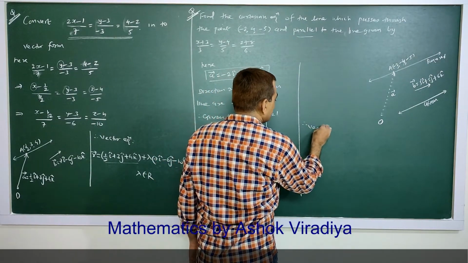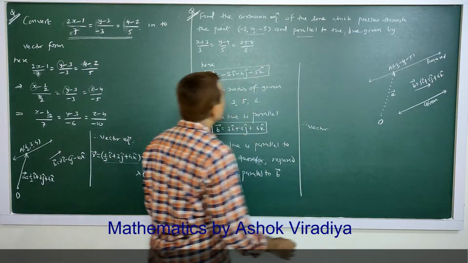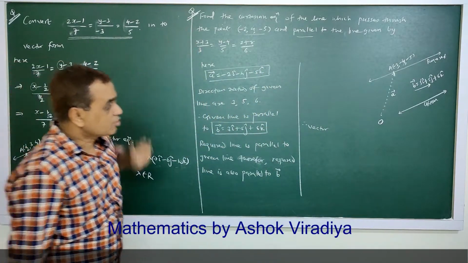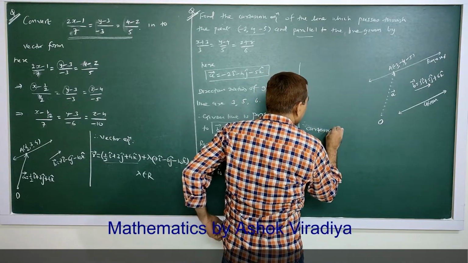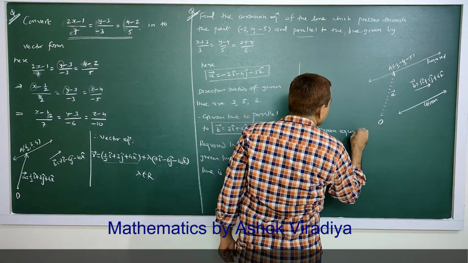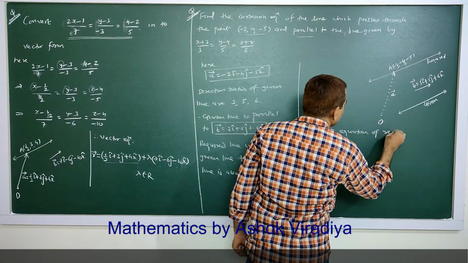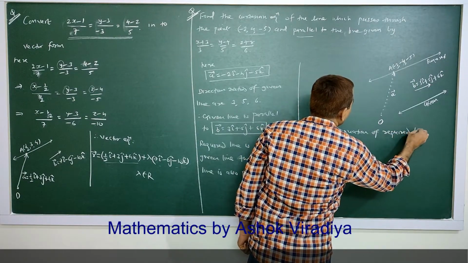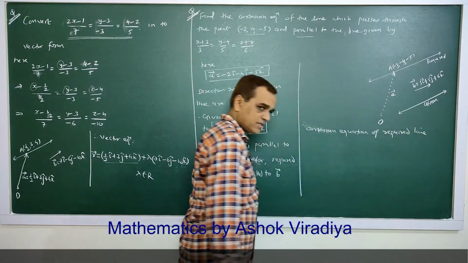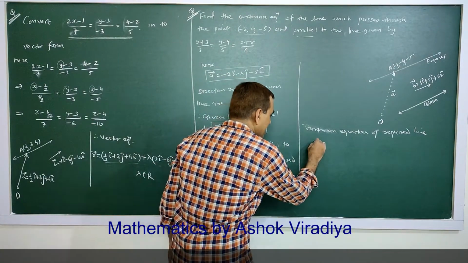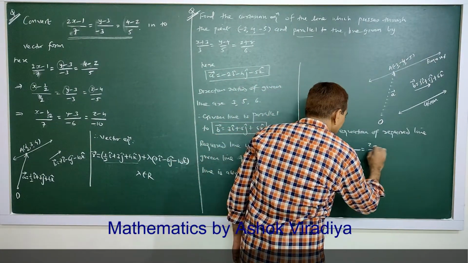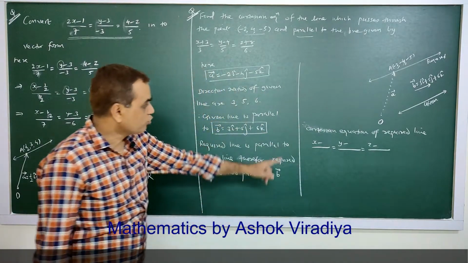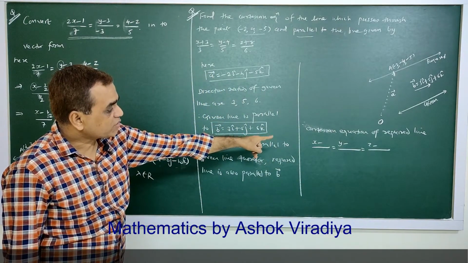We are asked for a Cartesian equation. So the Cartesian equation of the required line is x minus, y minus, z minus in the numerator, with space for x1, y1, z1.